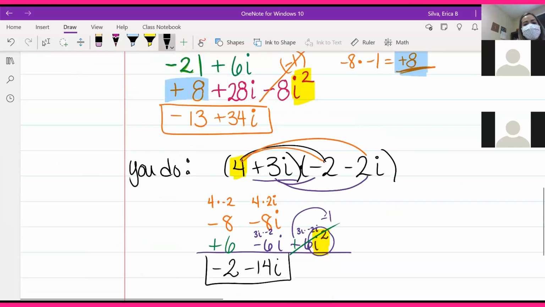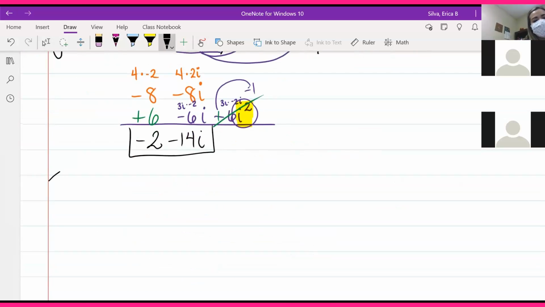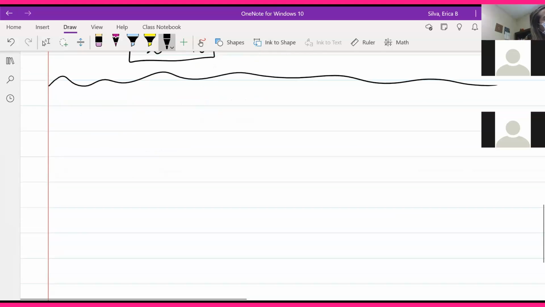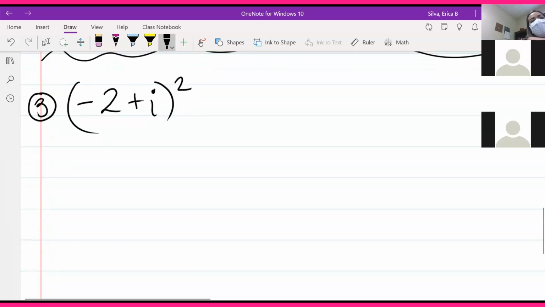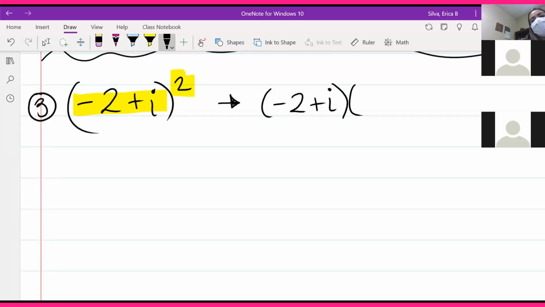All right. Let's go ahead and do another example. We've got negative 2 plus i, squared. Now, because this whole binomial is squared, we can rewrite this as negative 2 plus i, negative 2 plus i.